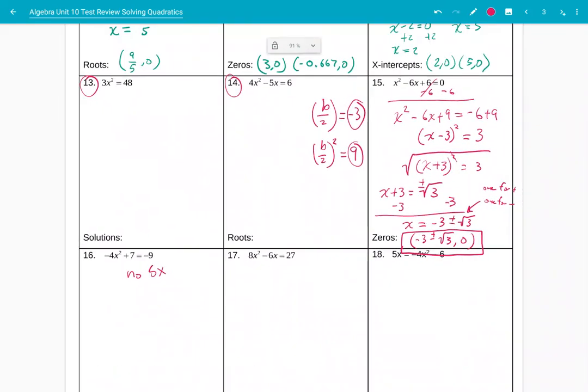Remember, the ways that always work are completing the square and the quadratic formula. If you don't want to do either one of those, then graph them first. Plug them into your calculator. Look at the graph. Plug them into Desmos. Look at the graph. Take the solutions off of there.